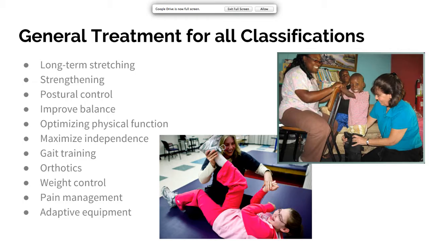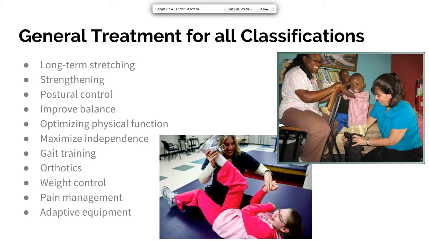With that in mind, research shows stretching and elongation of muscles needs to occur several hours per day in order to be effective. Therefore, we will be exploring a couple different ways to implement stretching in these children's daily activities, and these are things we can teach caregivers and family to implement as well at home.